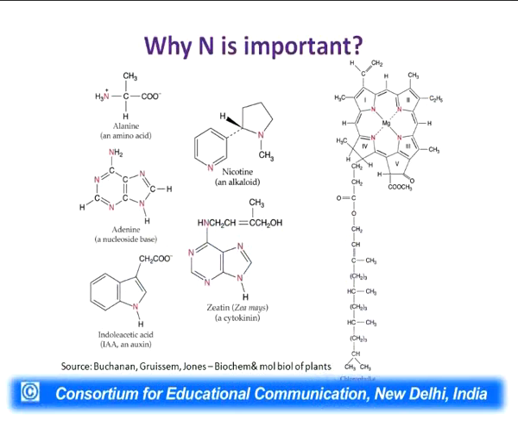Today we will continue, and hopefully I will be able to finish this chapter today. We also discussed that nitrogen is present in amino acids, hormones, vitamins and pigments like chlorophyll, so it is very important.